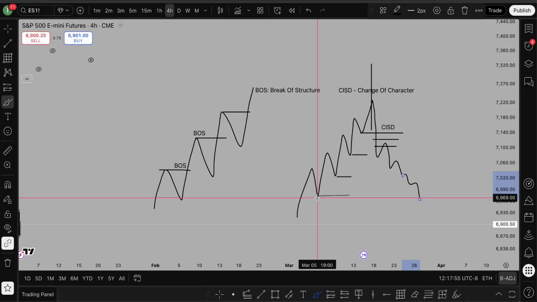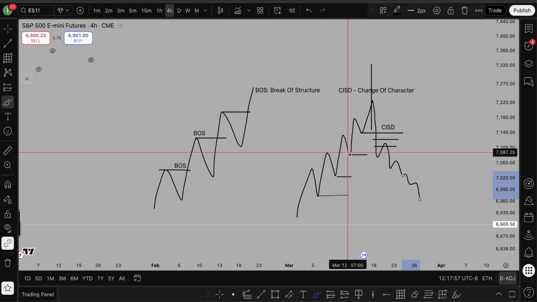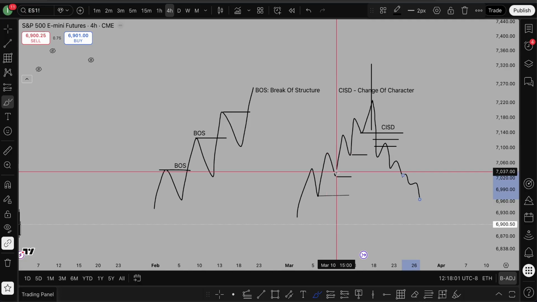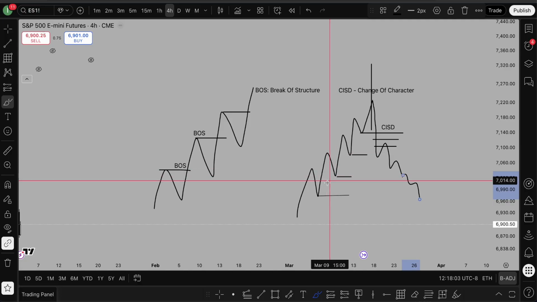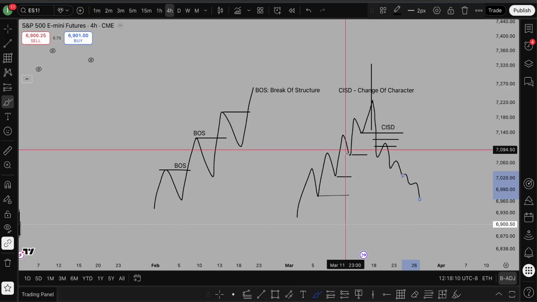Because, like I said, when we were trending up, we never made a lower high and we never made a lower low. We're making higher highs and higher lows in comparison to the previous.